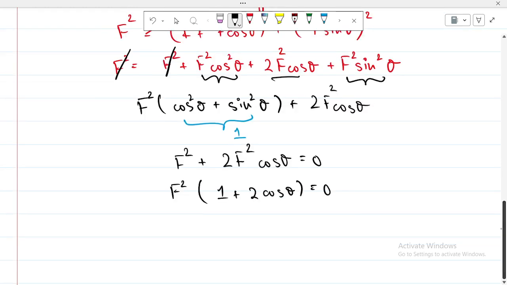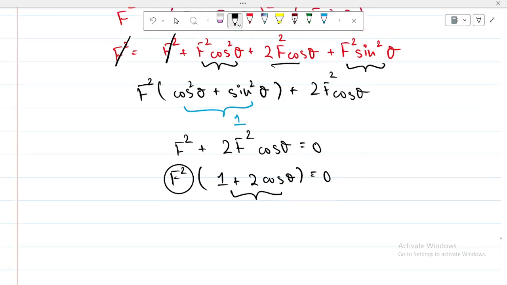Now whenever we have this kind of situation, this whole equation implies that this is equal to 0. Either this term is 0, since it is multiplied with this and it is giving a 0, or this whole term is 0. In such a case, obviously F squared can't be 0 because the force is not 0. We do know there is some non-zero force, which is F1 or F2 or the resultant.